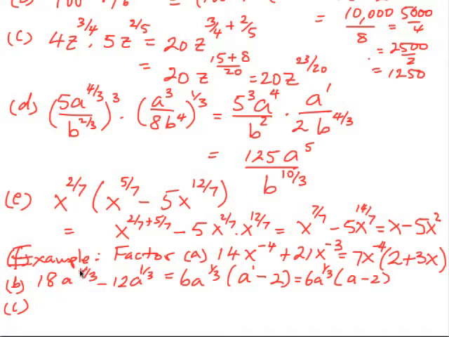Alright, let's try one more. Let's suppose that we have something like x minus x plus 2, say, to the negative, say, 2/5, and we subtract an x plus 2 to the 3/5. Now, what factors am I going to use here? Well, x plus 2, obviously.